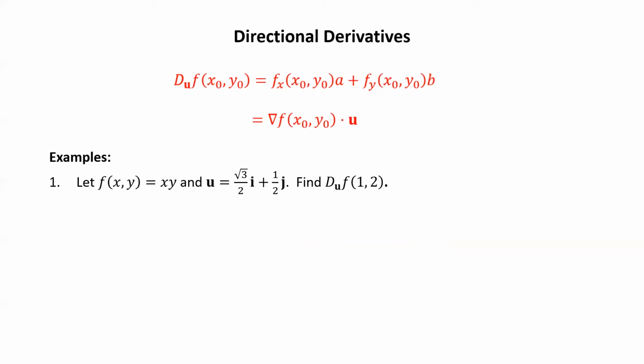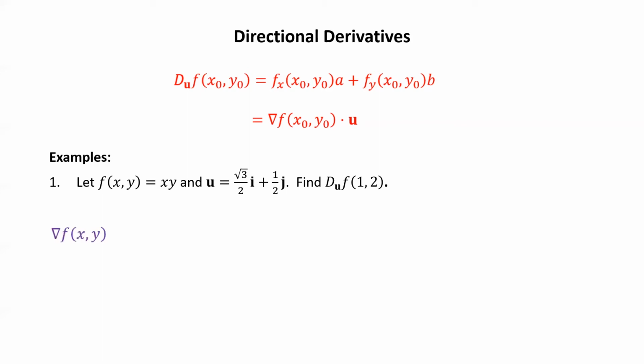First one, let f of x, y equal x times y, and u equal the square root of 3 over 2 i plus 1/2 j. Find the directional derivative of f in the direction of u at 1, 2. Notice that u is actually a unit vector, so we can use it directly in the main theorem to do this computation.